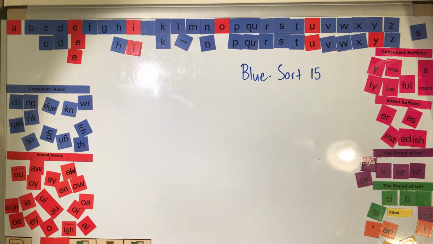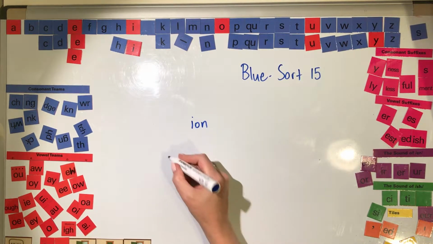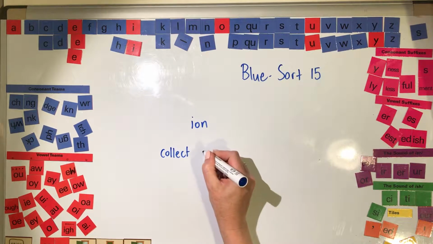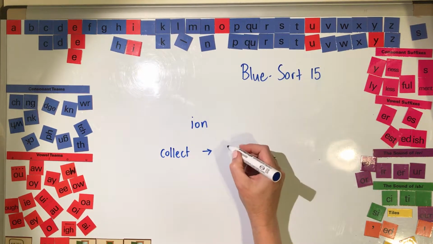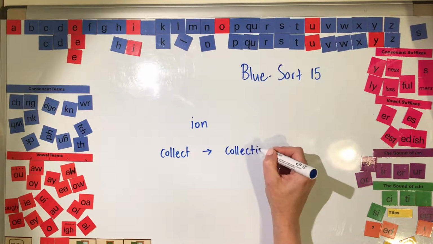Okay, so today we are going to look at Blue Salt 15. Now last week you were looking at words that added I-O-N. So you're looking at words like collect, and then you were adding I-O-N, and it would make a word like collection.